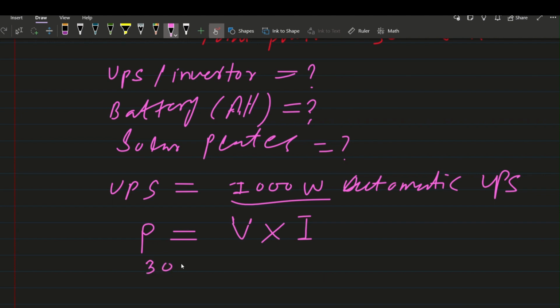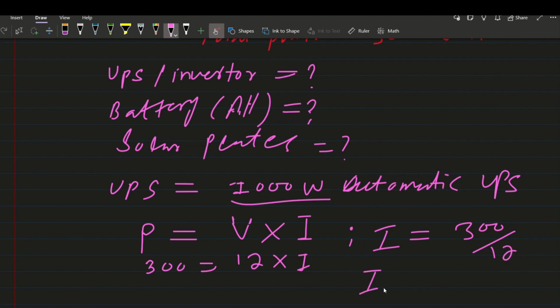So 300 equals 12 multiplied by I. Then we can easily find the current: current equals 300 divided by 12, so the current will be equal to 25 ampere.